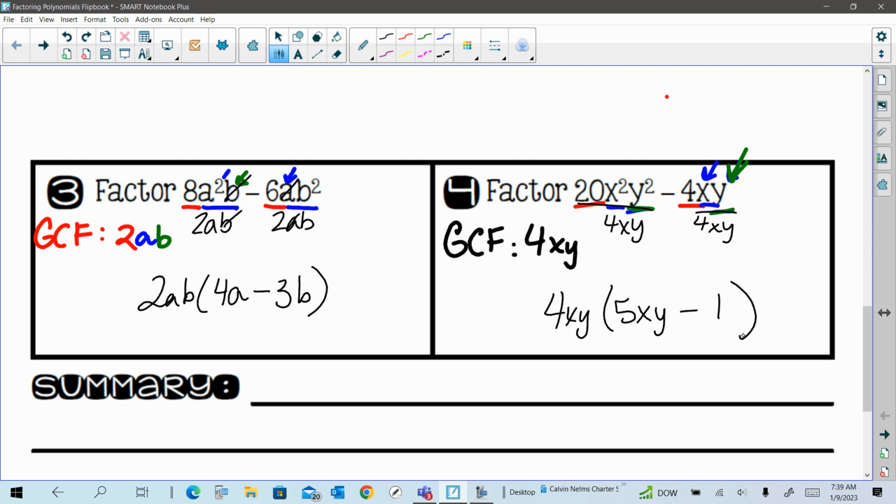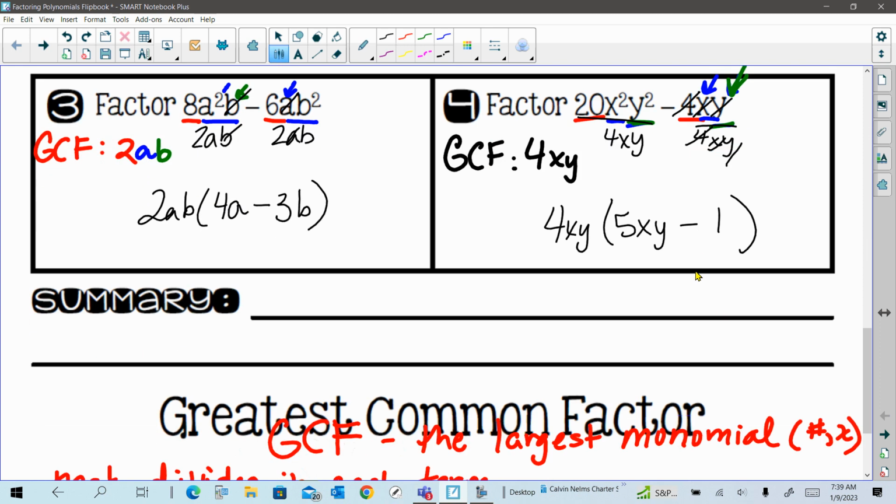So if everything cancels, like the 4 cancels, the x cancels, the y cancels, then you just leave it with 1. Oh, that's what happened.